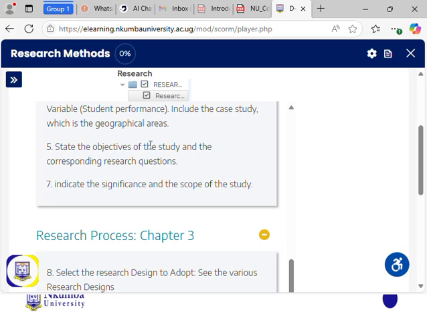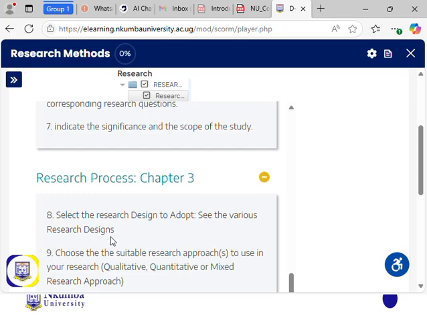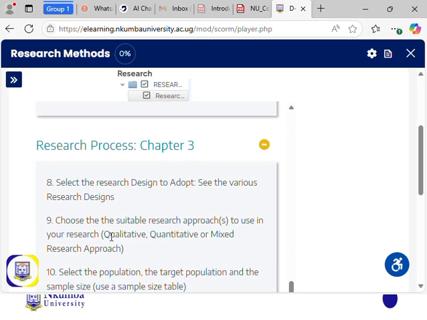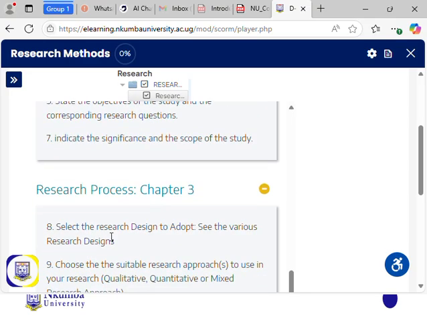Then objectives of the study, then also add the corresponding research questions. Up to this stage, I'm right to say you can go ahead with the research process in your reading.